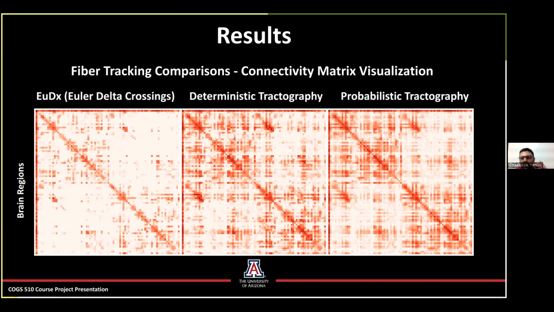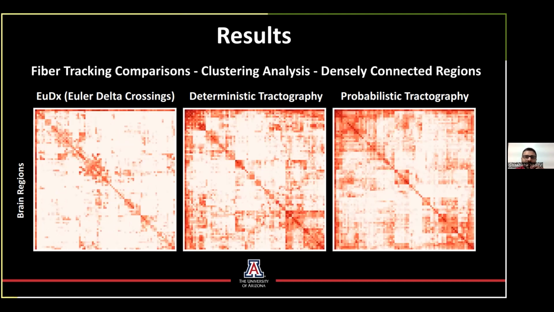But I'd say that it's not really clear how this 2D heat map for these three algorithms is different. So for that, we would like to use a different kind of software to get a good view of the network connectivity generated by these three algorithms.